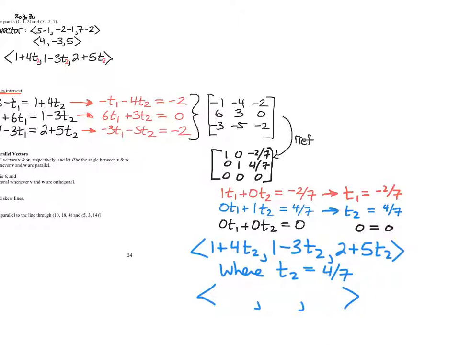So 1 plus 4 times 4/7, ugly decimal, so math bracket, 23/7. One minus 3 times 4/7. And this is just because I want to take a break from thinking. Negative 5/7.